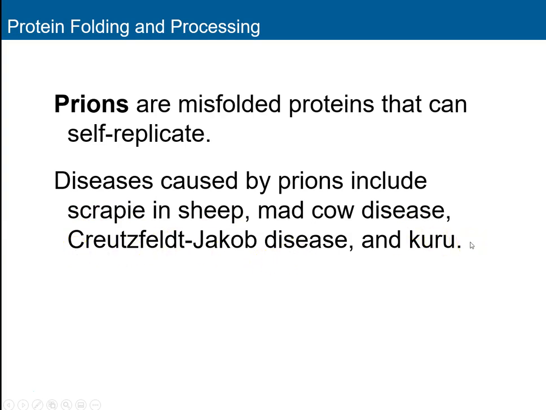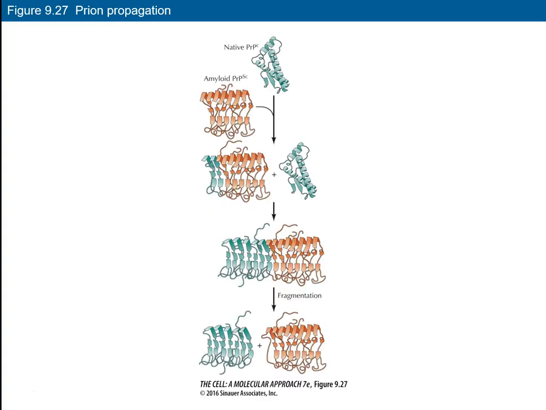Those are all diseases that are caused by prions, all involving the folding or misfolding of proteins. This is showing you how these prions can aggregate and self-replicate, so you're augmenting the problem and creating more and more of these misfolded protein aggregates.